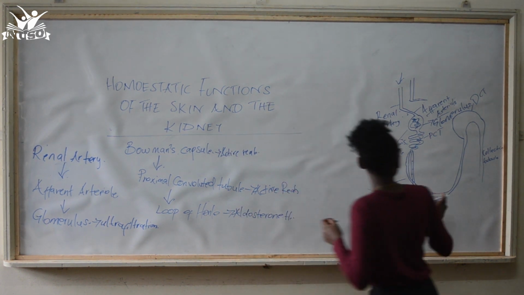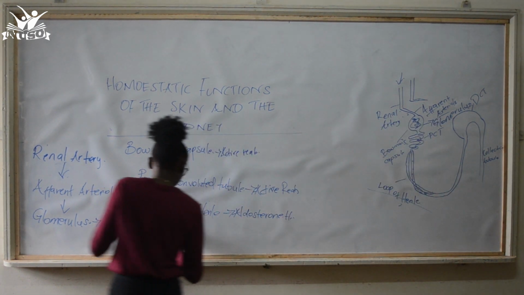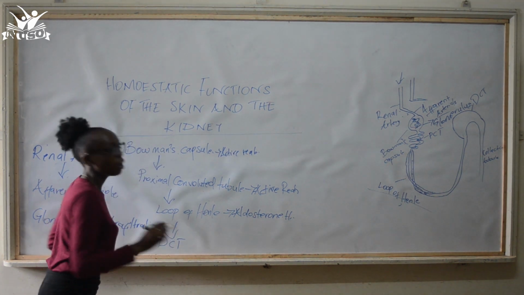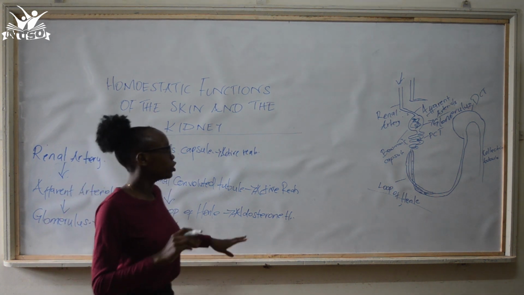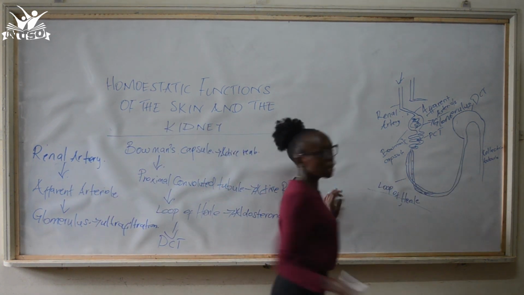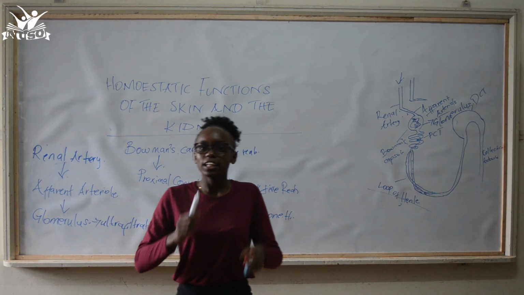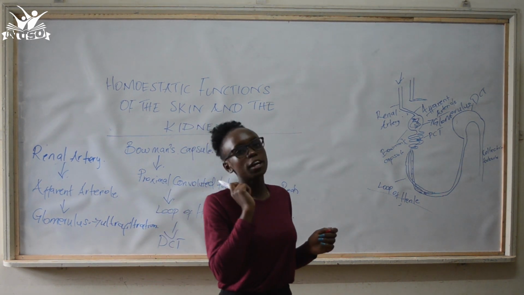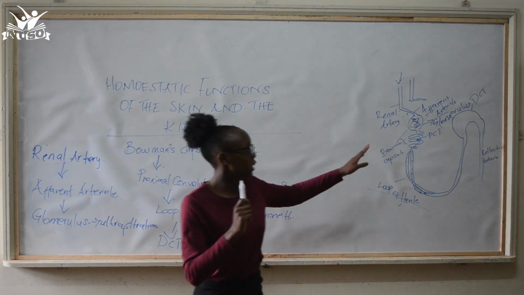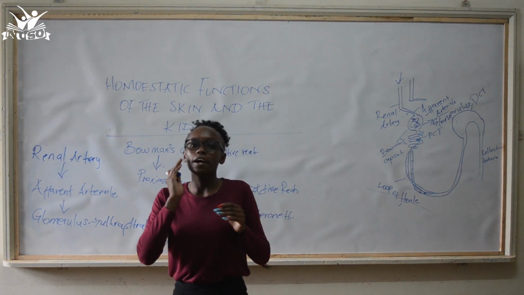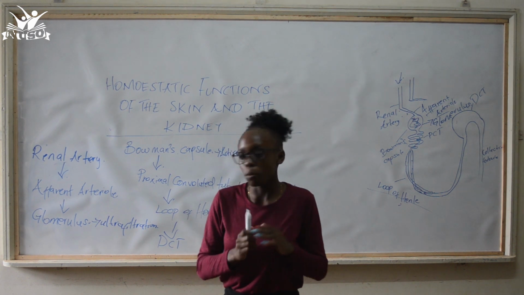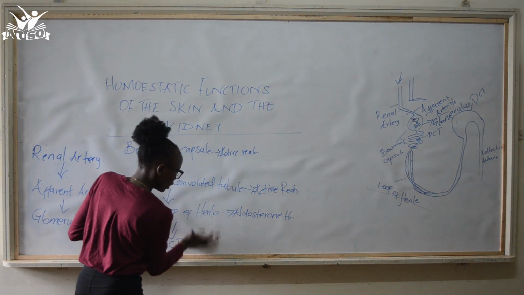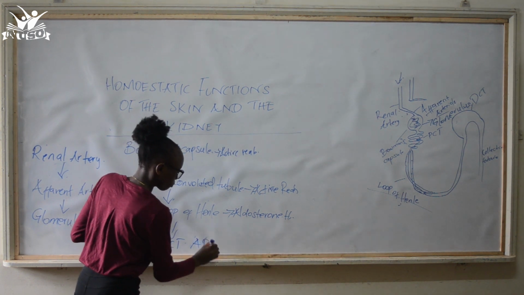After this, the filtrate moves to the distal convoluted tubule. In the distal convoluted tubule, immediately the filtrate reaches there, impulses are sent to the hypothalamus in the brain, and the pituitary gland is stimulated to produce the antidiuretic hormone, also known as ADH.